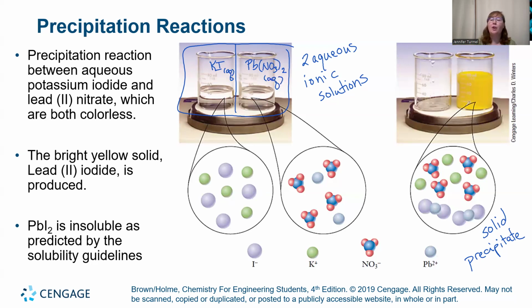And when they come together over here, we are left with water, not surrounded by the solid lead II iodide. And that's what we're left with here in these purple ones.